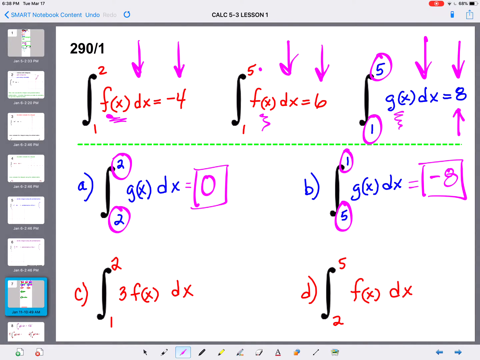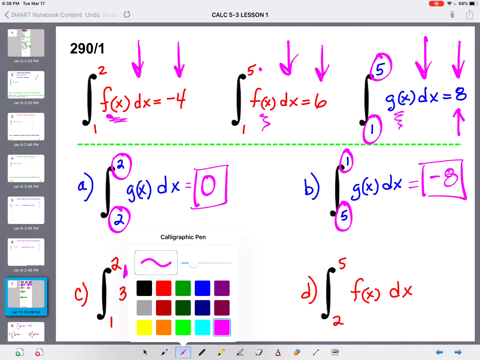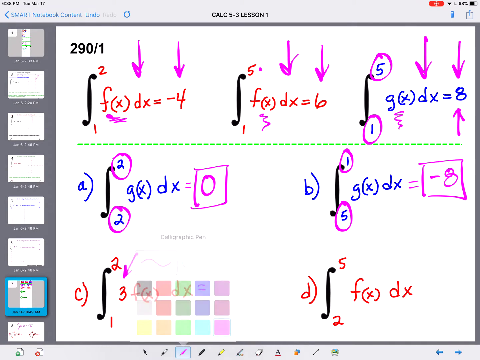Let's look at C. Notice on C, we talked about this the other day. We have a constant times a function. On this, we want to bring that constant out in front of the integral symbol. So here we go. 3 times the integral 1 to 2 of f of x. Bring the constant out front.